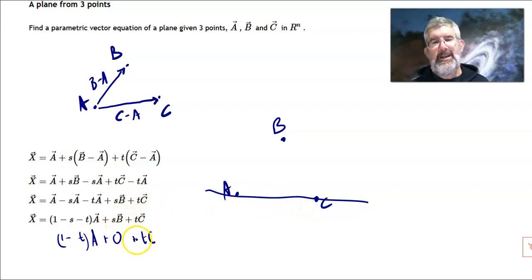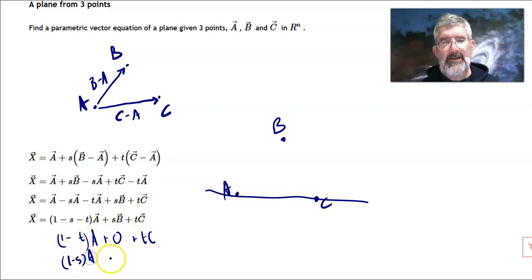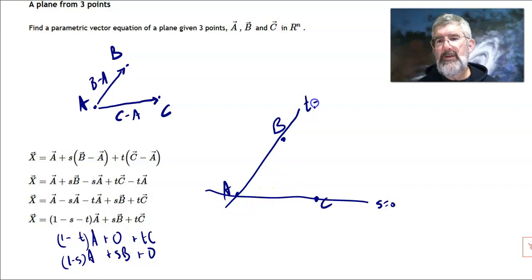Likewise, if we did it with t equals 0, then this would be a 1 minus s times a. This would be an sb, and then plus 0 times C. And this would be the line that goes through A and B. So this was the line where s equals 0, and now I've got the line through A and B, which is the line where t equals 0.